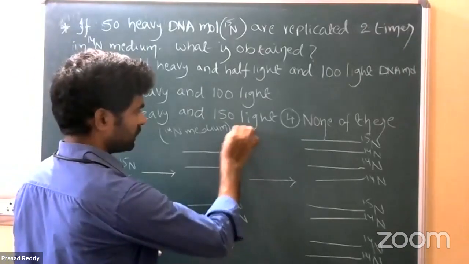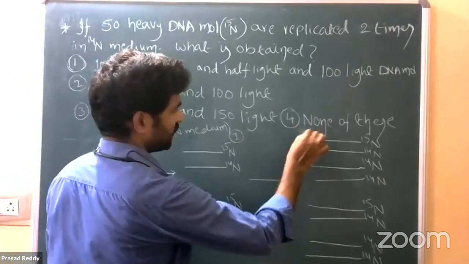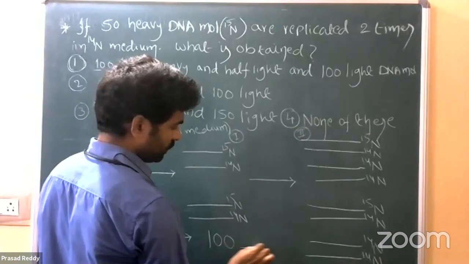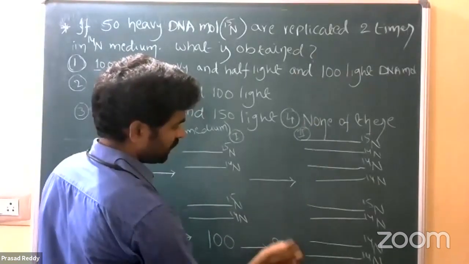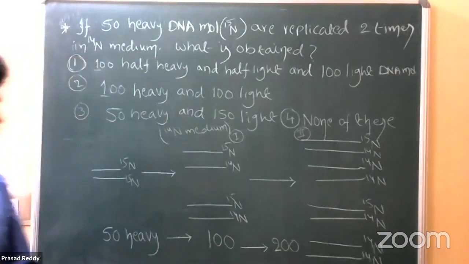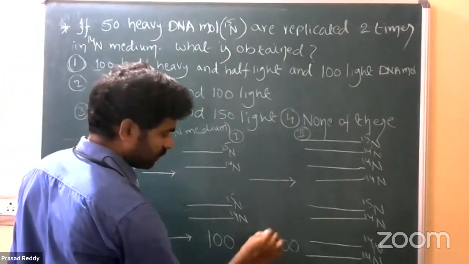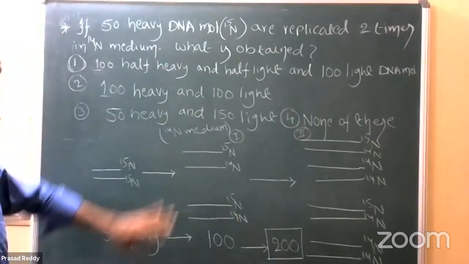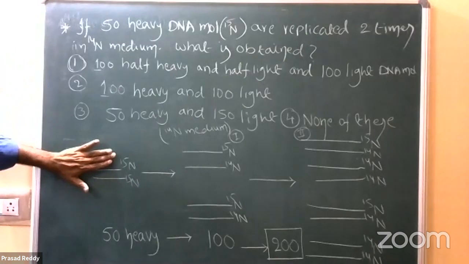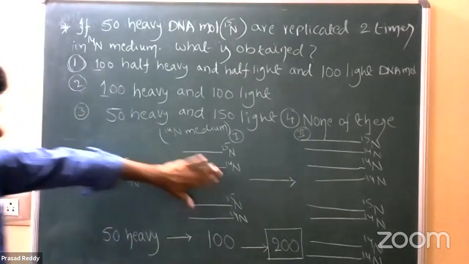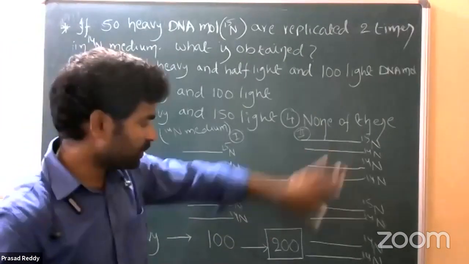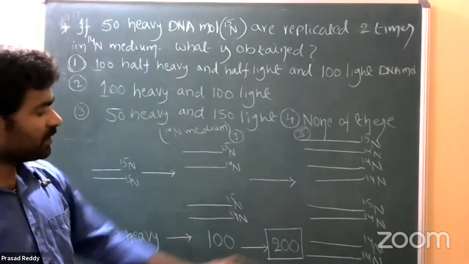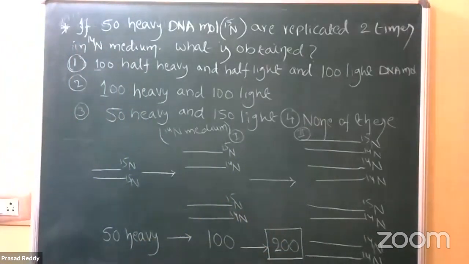In the second generation, those 100 DNA molecules replicate again and form 200 DNA molecules. So totally the number of DNA molecules is 200.